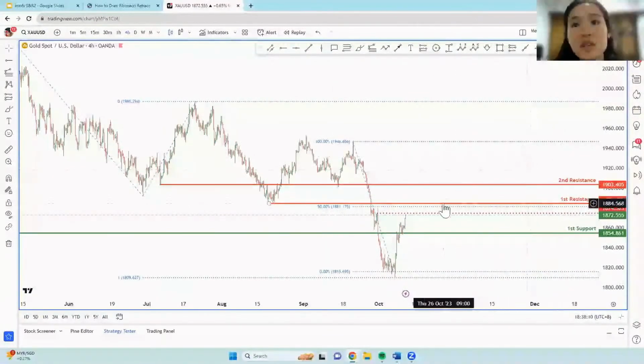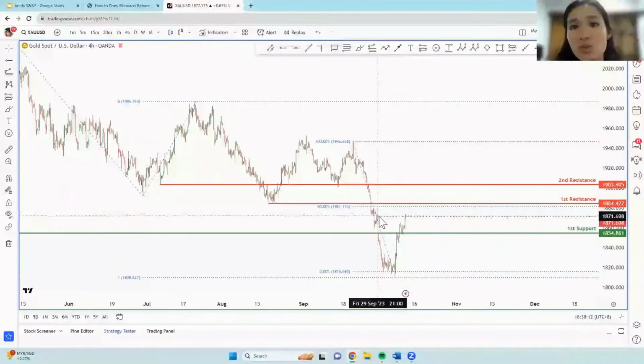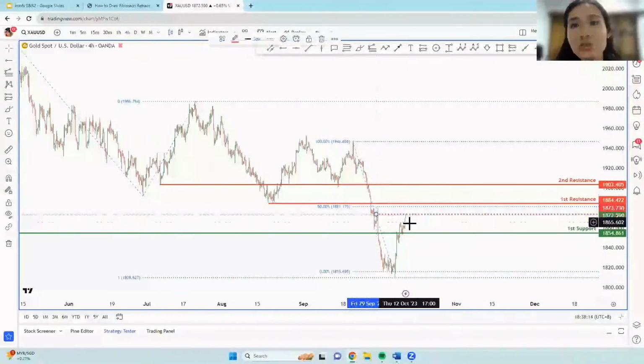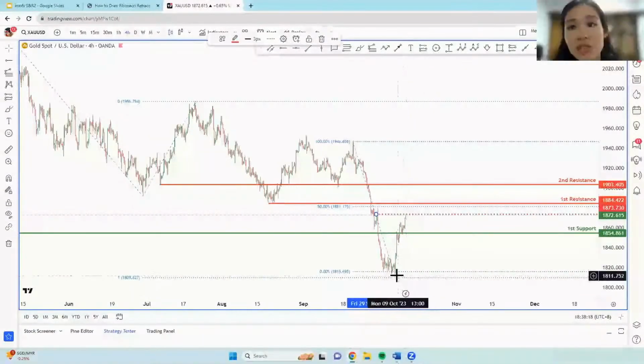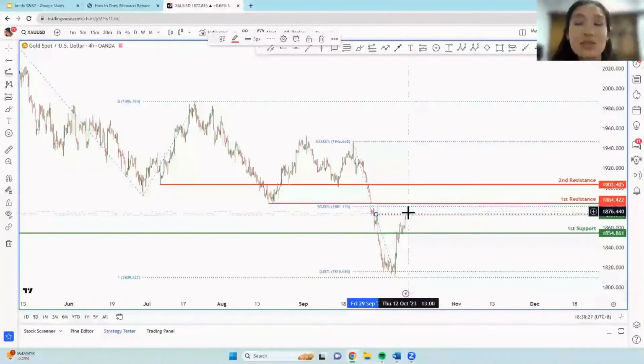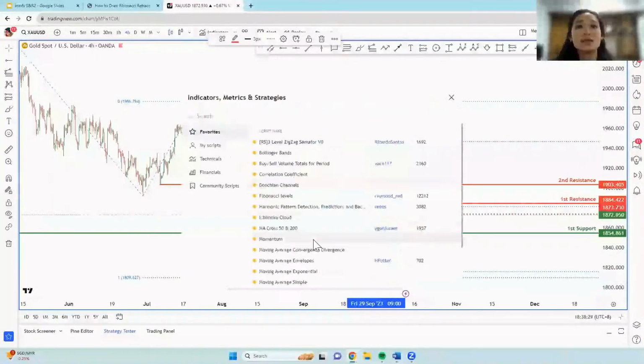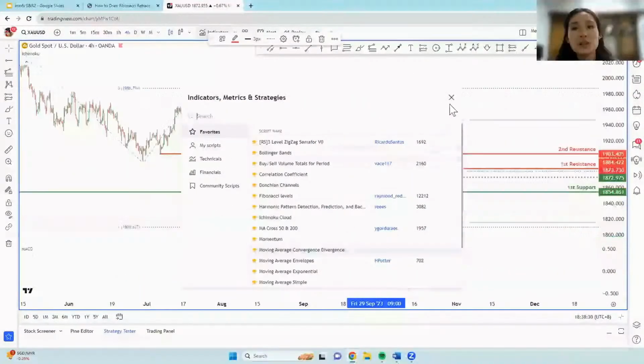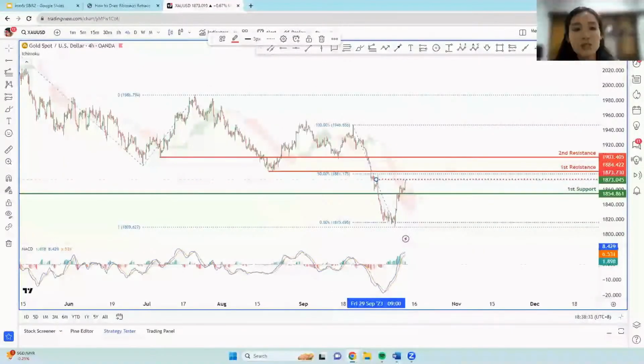We typically will trade according to the trend. Here we see that price is moving upwards, so we're likely to expect it to move upwards to our first resistance once price breaks out of this intermediate level. So let's pull out some indicators to support this.